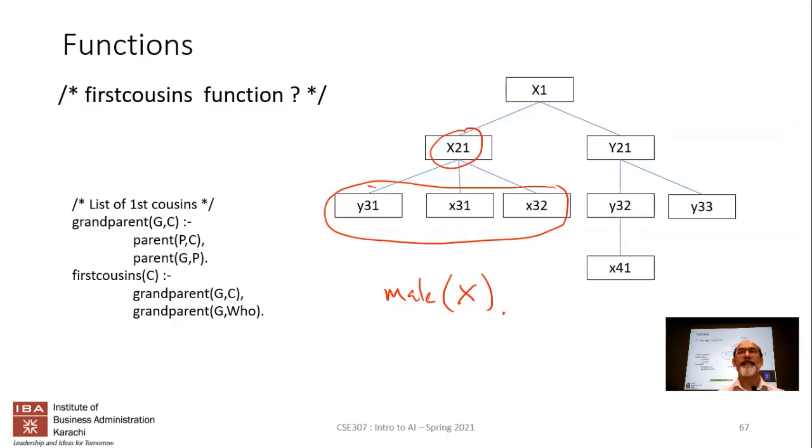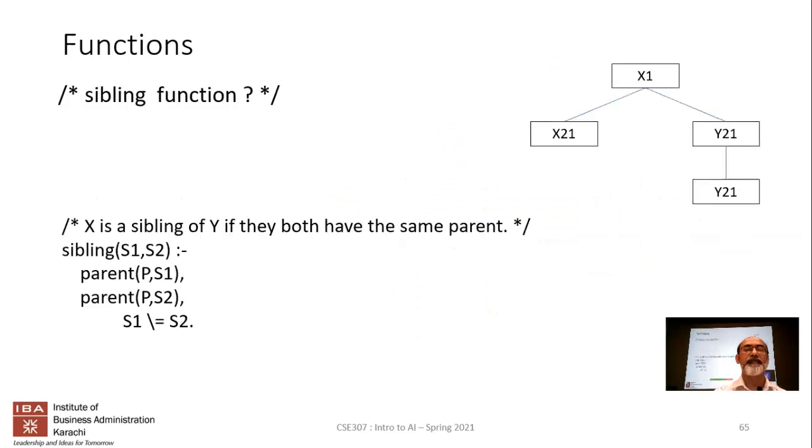I've defined all of them, so it will respond with all of the males: x31, x1, x21, x32, x41. Similarly, I could have also written this as male and WHO. Because WHO starts with an uppercase, it will treat it as a variable and it will respond with all of the possible males. This is how Prolog works.